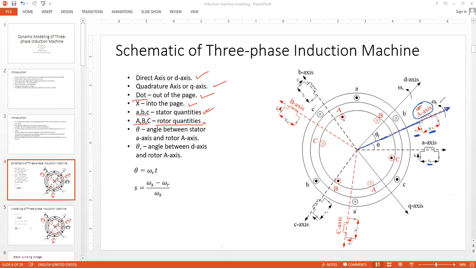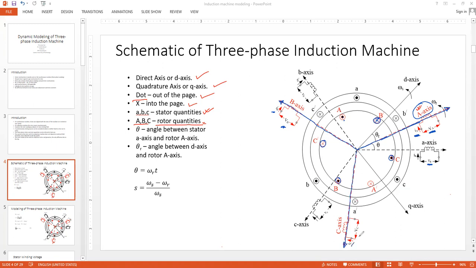Okay. So similarly, you get the similar kind of conclusion for BB dash. So that would be along this line. Again, this is I capital B, V capital B. These are induced effects. Similarly, you get C dash along this line.